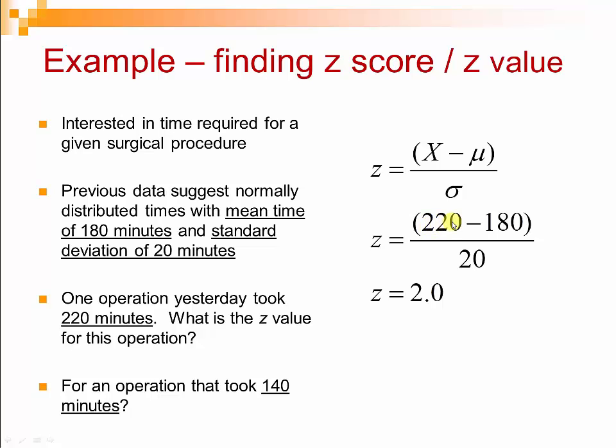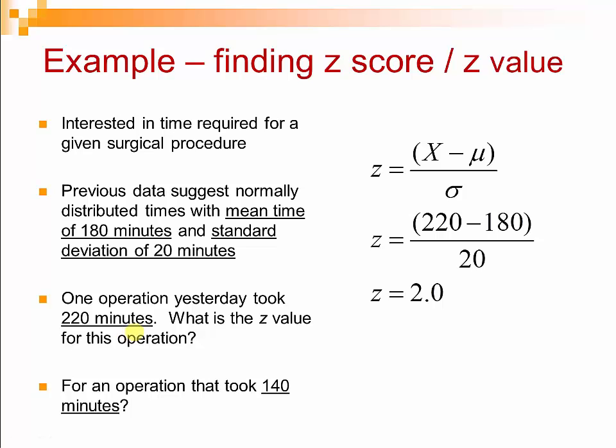We would get 140 minus 180, which is negative 40, divided by 20. So our z-score would be negative 2.0. So it's the same magnitude, just negative as opposed to positive for this operation that we had in our first example.